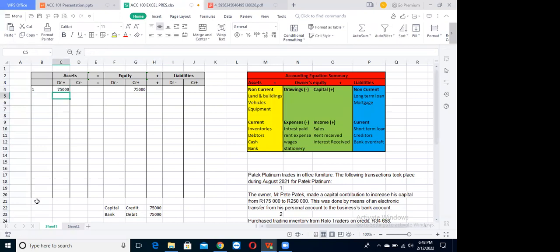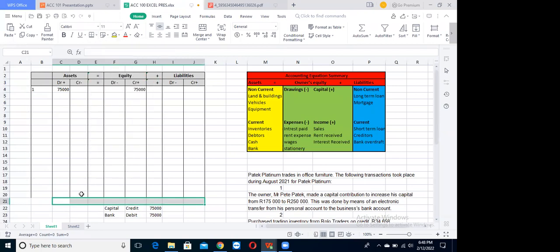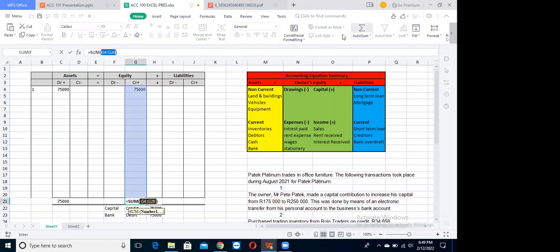75,000 rand. So maybe just to illustrate, to reinforce what I've been saying, that the equation should balance. Assets should be equal to equity plus liabilities. Let's put a summation here. Just want to sum this one, then we want to sum this one. Okay, let's sum this one first.